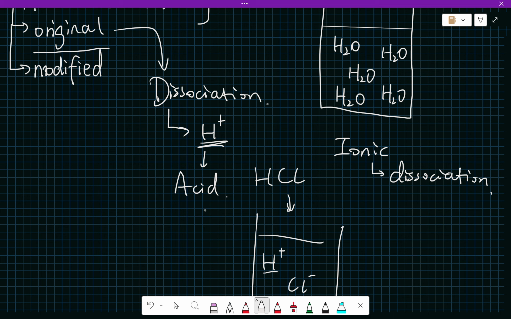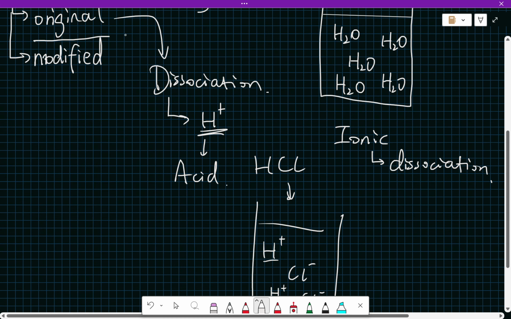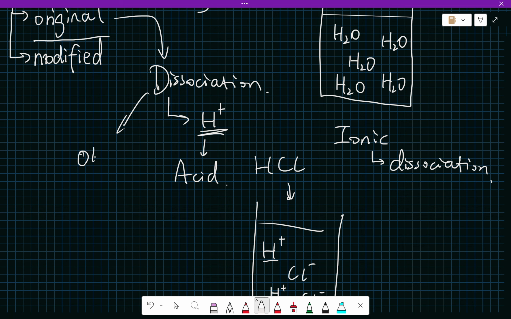Based on the original Arrhenius theory, if we have some compound that undergoes dissociation and we have a hydroxide ion, then we would have a base.